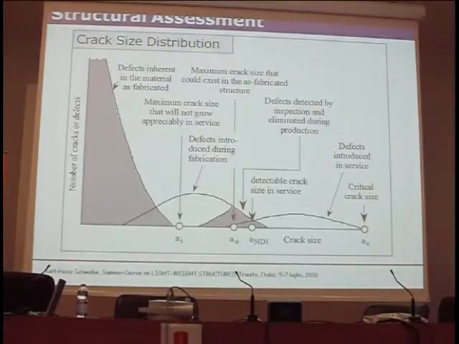And sometimes when you find a defect after production, you eliminate it by repair measures, and so on and so forth. So it makes sense to have a look at it when you do a crack analysis, so that you get a feel about what's happening.